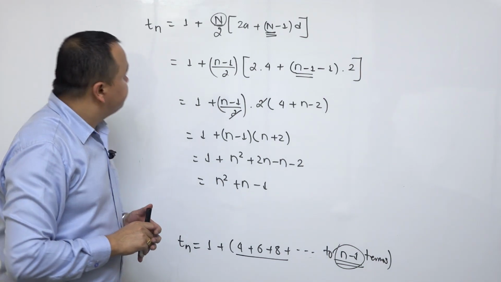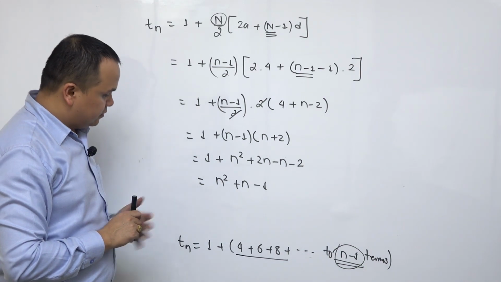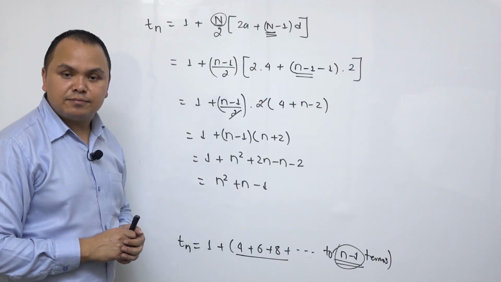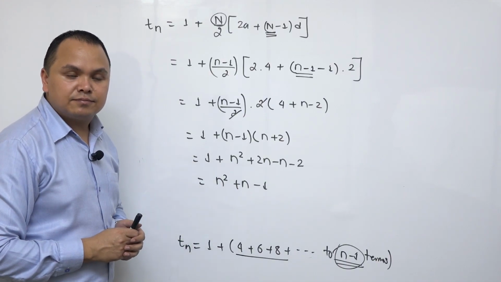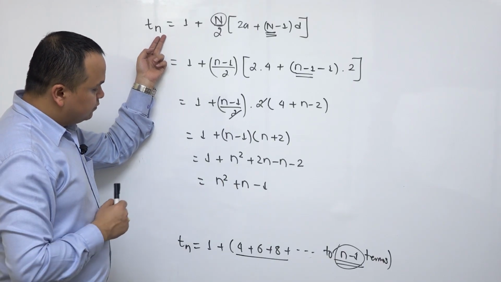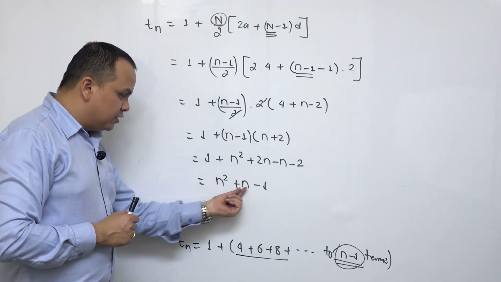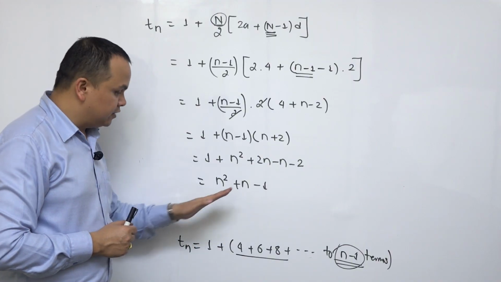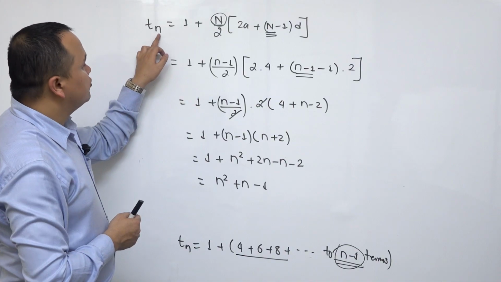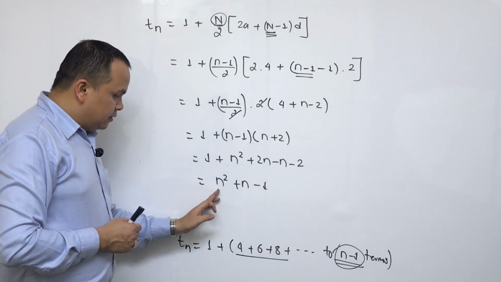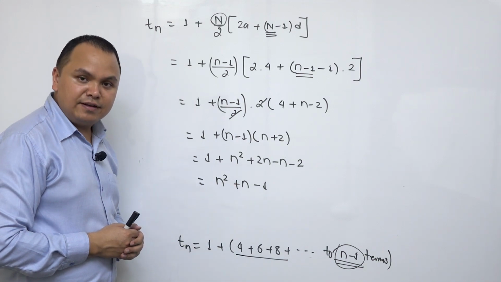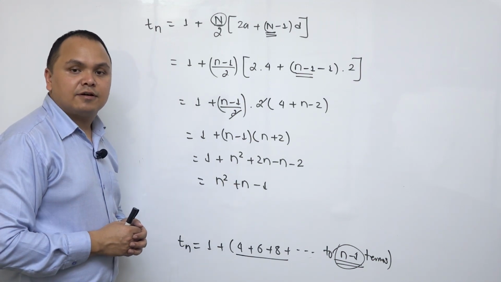If we put n is 1, then 1 square plus 1 minus 1, which is 1, which is our first term. Similarly, if we put n is equal to 2, then 2 square plus 2 minus 1, which is 5, which is our second term. Similarly, if we put n is equal to 3, 3 square plus 3 minus 1, which is 11, which is our third term.